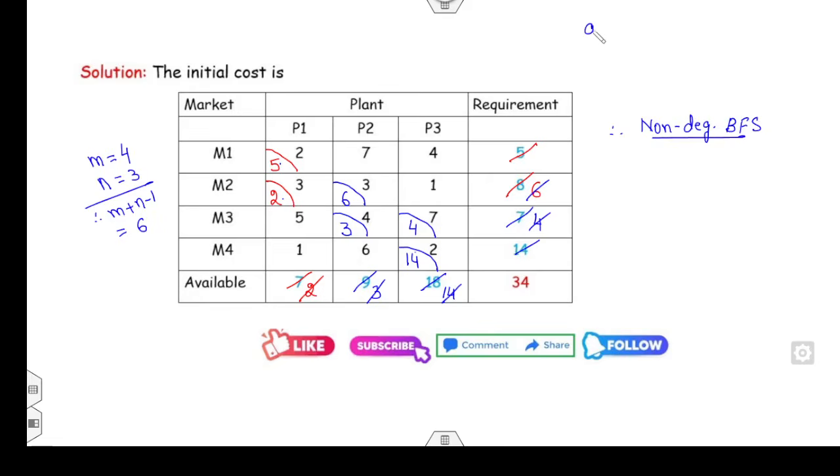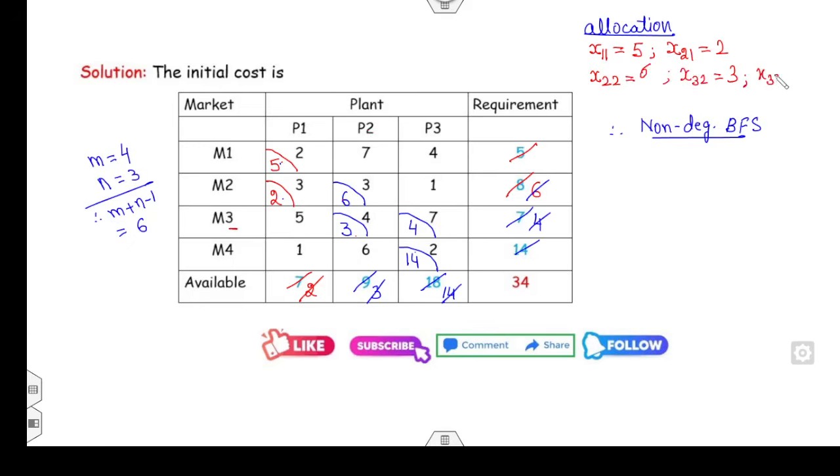And what are the allocations? Fine. How do you have to write it in the exam? You have to write the allocation. This number is first row, first column. X11 is 5. Then X21 is my 2. X22 is my 6. This number is third row, second column. X32 is my 3.